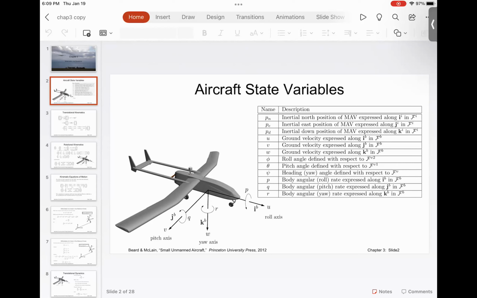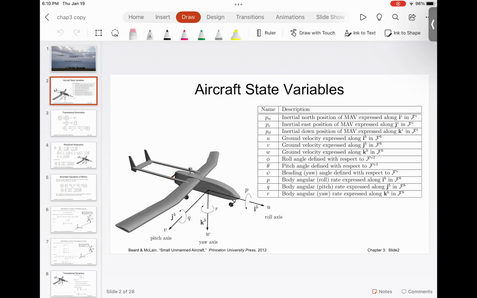Ground speed, or velocity of the aircraft with respect to ground, which is fixed, is expressed in the inertial frame. So Pn, Pe, and Pd are the inertial north position of the miniature air vehicle expressed along i in Fi. Pn is the north position of the aircraft in the inertial frame.